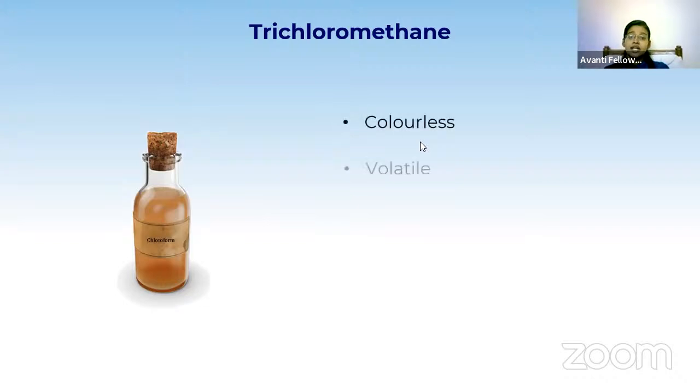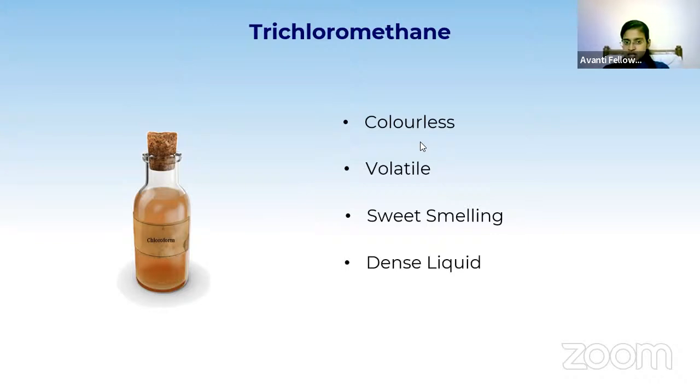And it is volatile, which means if you open the container, it will try to evaporate. It is a sweet smelling compound, and it is a dense liquid. You can see the denseness here. It is not a clear liquid.